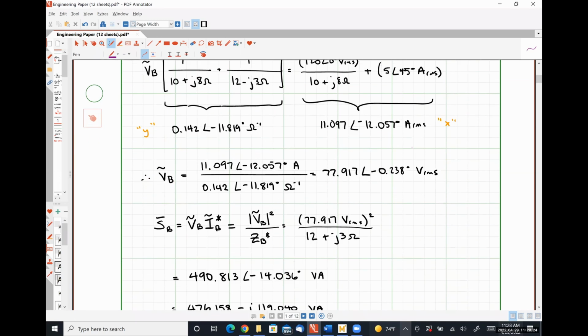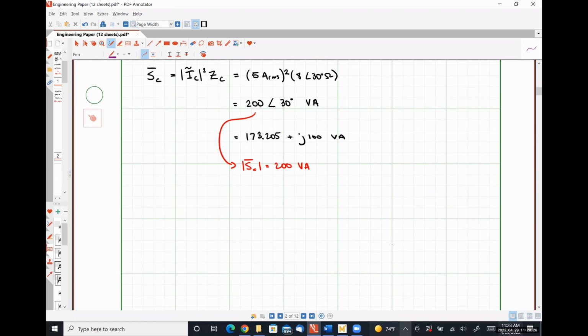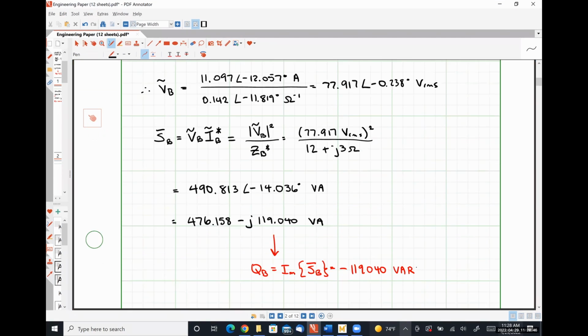So I'm saying that the current that's leaving the positive polarity terminal of our voltage source, IVS, is equal to 120 angle 0 degrees, volts RMS, minus VB. I'm gonna have to scroll up and find that real quick.